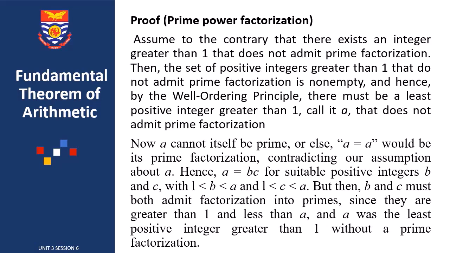Assuming to the contrary that there exists an integer greater than 1 that does not admit a prime factorization, then the set of positive integers greater than 1 that do not admit prime factorization is non-empty, and hence by the well-ordering principle there must be a least positive integer greater than 1, called A. I think you should go through and read, and don't forget your definition of prime numbers.